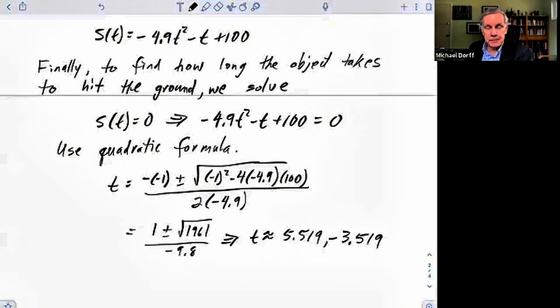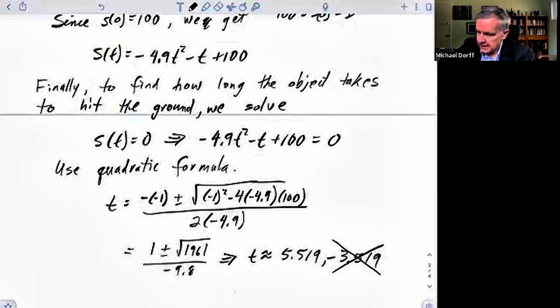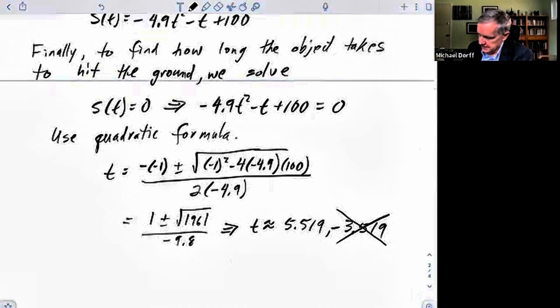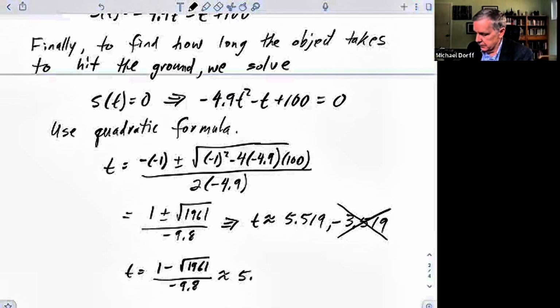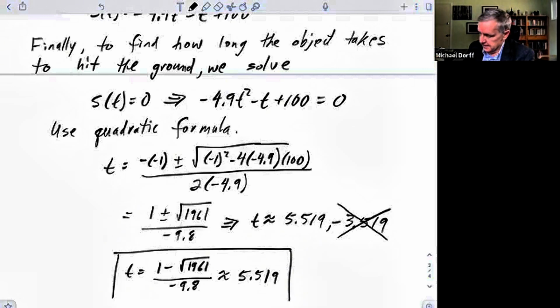However, as we said, we're not dealing with negative time, so we leave off that answer. We end up with t equal to 1 minus the square root of 1961 over negative 9.8, which gave us the positive t value, approximately equal to 5.519. All right, I hope that helps.